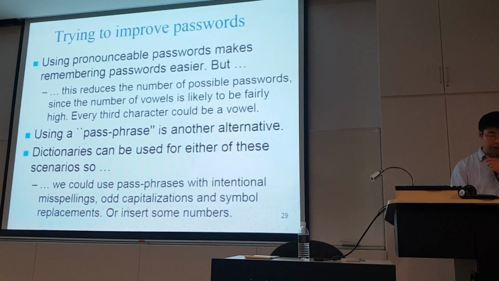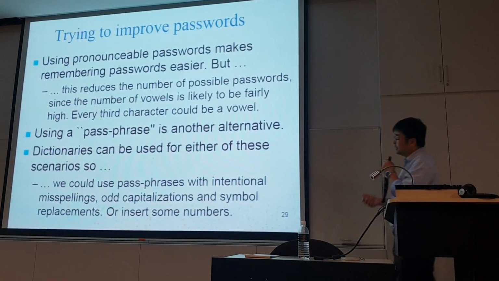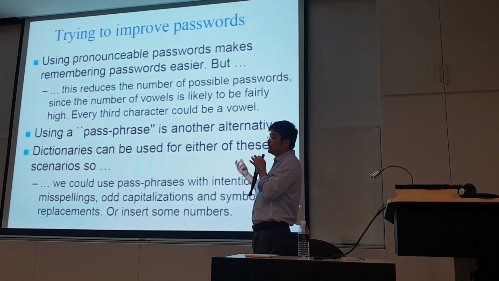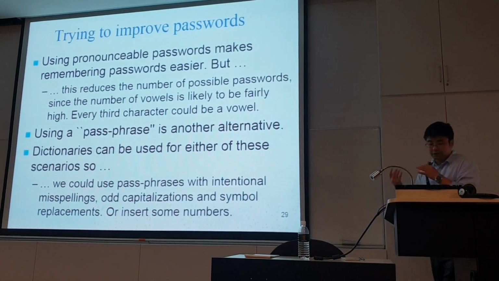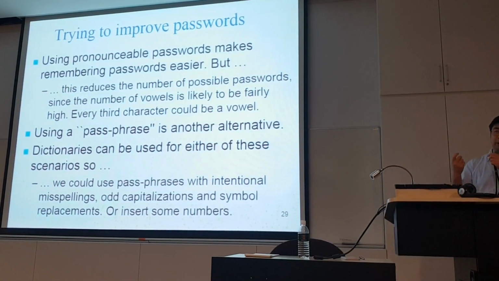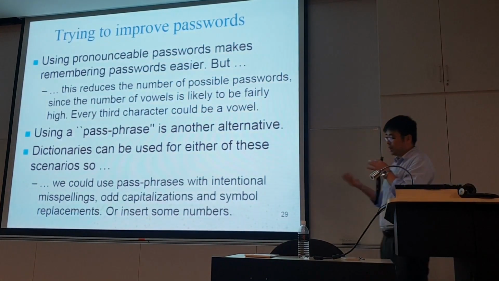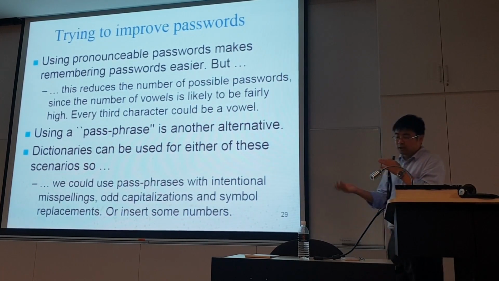But you can do some tricks to enlarge the entropy. For example, you can insert some characters. You can replace the letter O by 0, replace the lowercase l by 1, and replace B by 8.